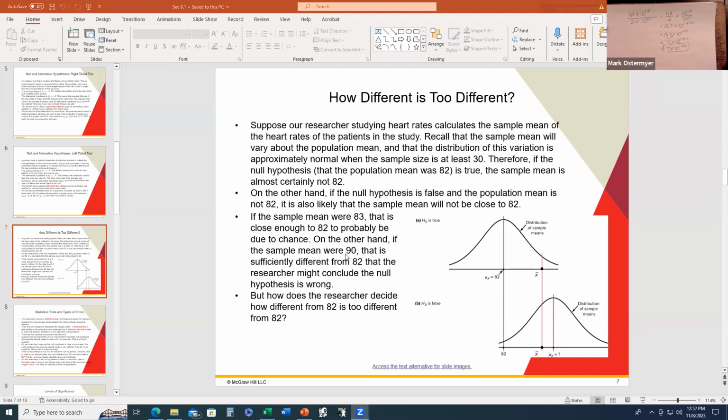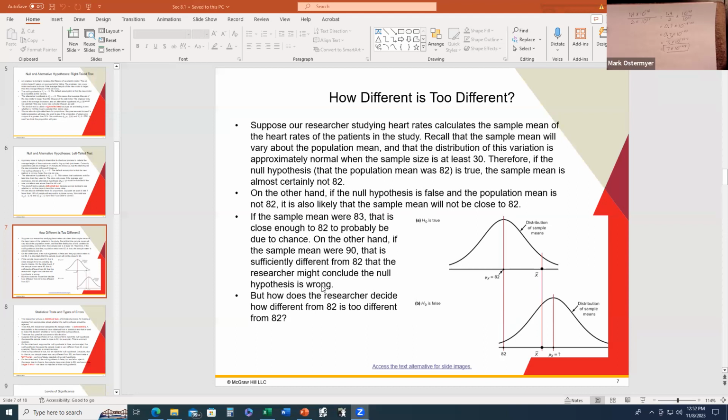And therefore, since we have such a deviance between the sample heart rate and the purported population heart rate, we would be inclined to think that the null hypothesis is false. And we would probably, in that case, opt for the alternative hypothesis as being a true statement.